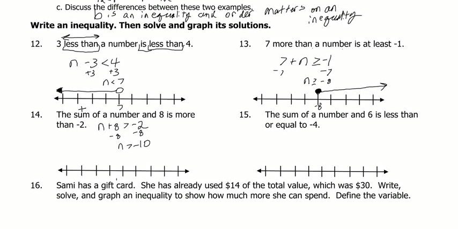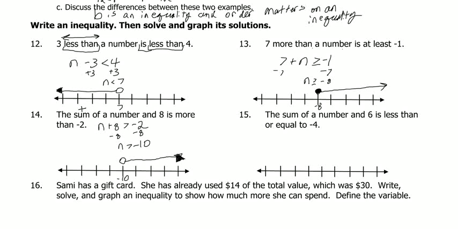So we're going to put a -10 down here with an open dot. And n is bigger, so we're going to go off to the right with it, like that.